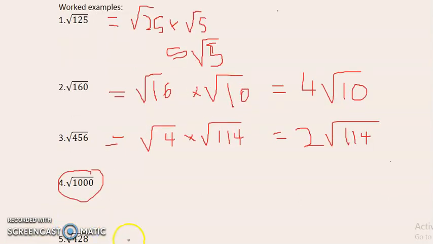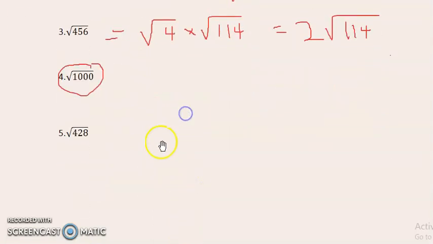Now let's move on. Let's try this, the root of 428. How do you do this? You can pause the video and try this one. The root of 428.